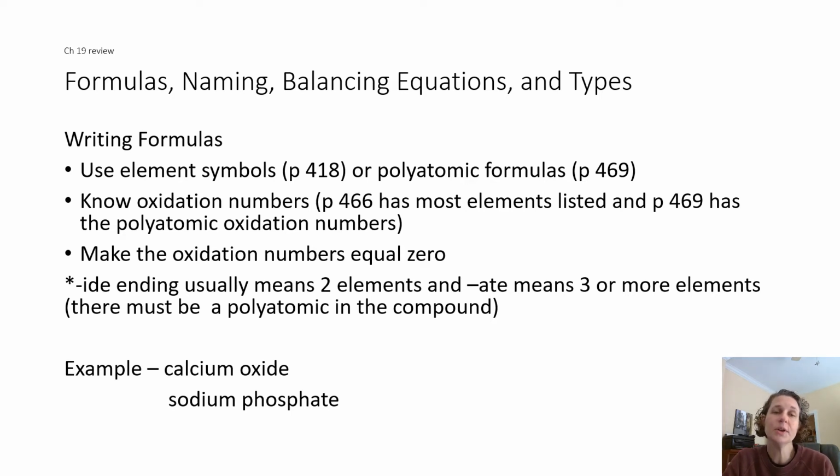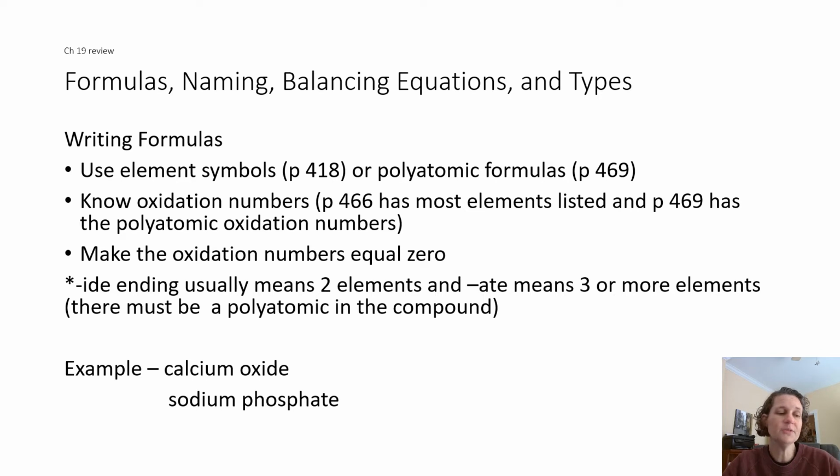And in your notes, and also again in the book, the oxidation numbers for the polyatomics are there. The big thing with knowing those oxidation numbers is using them to make sure that the positive and the negative equal 0. Remember, that's what we're doing with these, and that's the important part of figuring out subscripts, of figuring out how many of each element that you need.